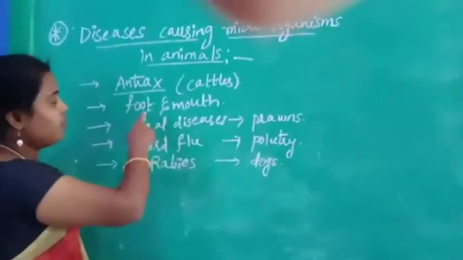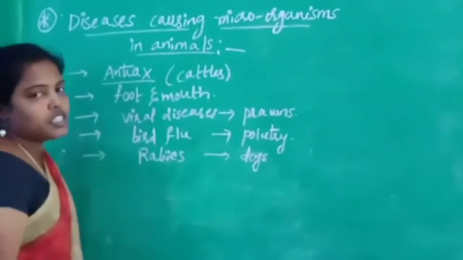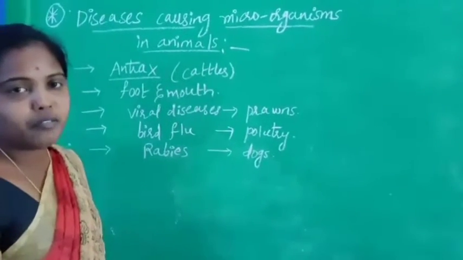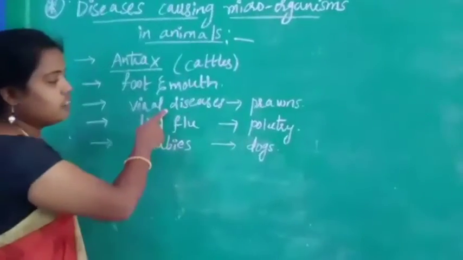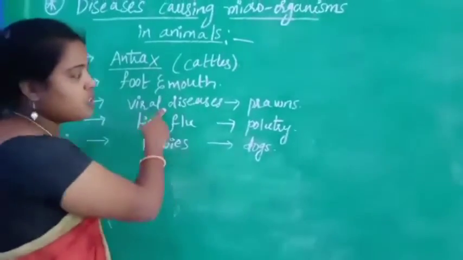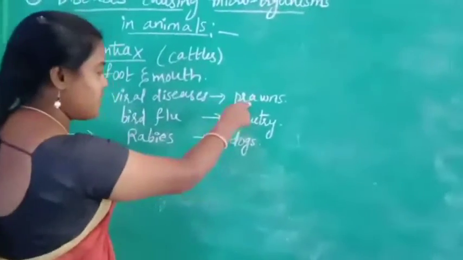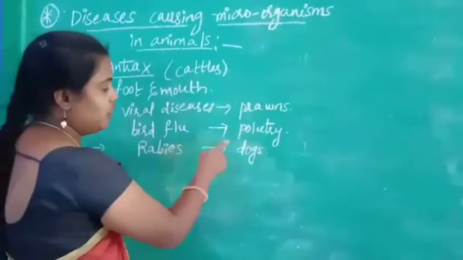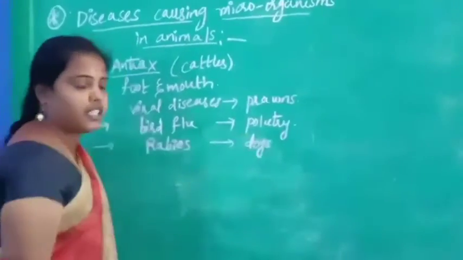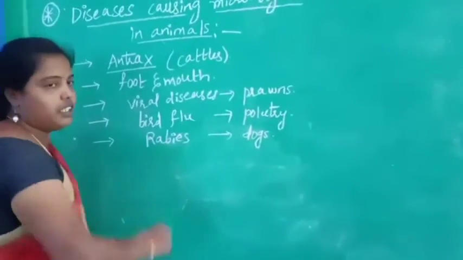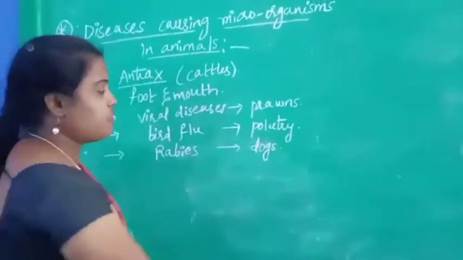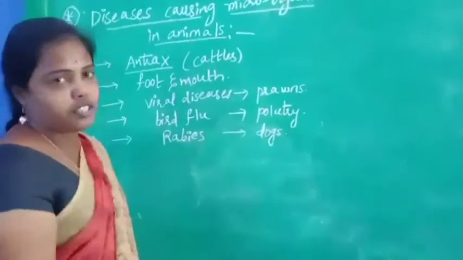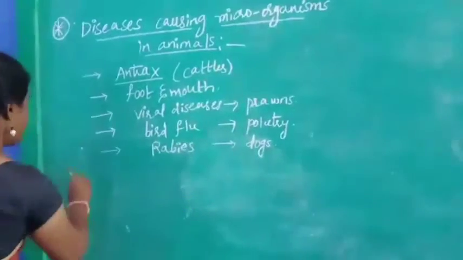Second, foot and mouth disease we can observe in some cattle. Next, viral diseases in prawns. Next, bird flu in the poultry industry. Next, rabies is a disease caused in dogs. This is about animal diseases.